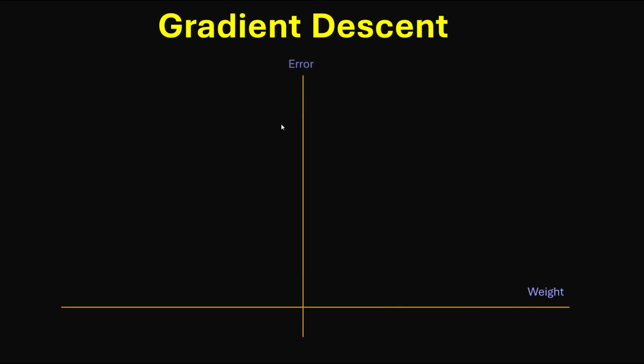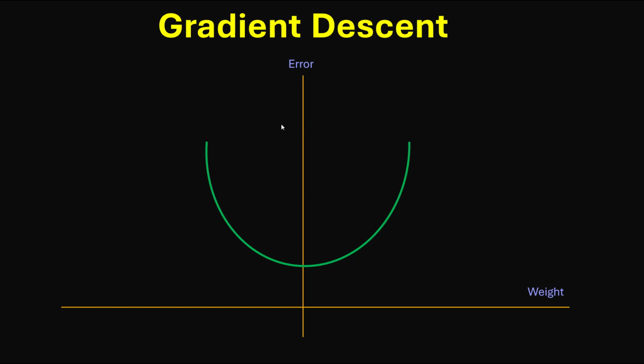Now to understand backpropagation, we will first clear the concept of gradient descent, because this is the heart of backpropagation. Consider a graph showing error on the y-axis and weight on the x-axis. This curve represents how error changes as we change the weight in our model.